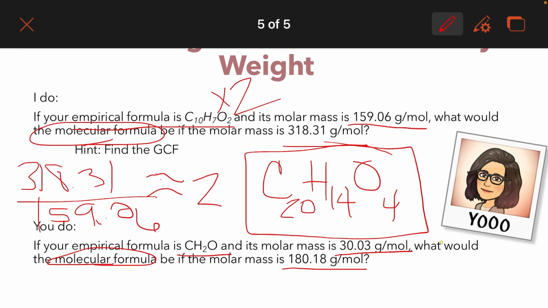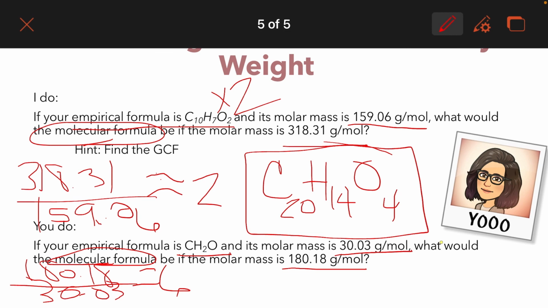We need to first find a greatest common factor using those two masses. If you have a hard time remembering molecular mass divided by empirical mass, just remember big number divided by little number. So big number is 180.18 divided by little number, which is 30.03. That comes out to be 6.